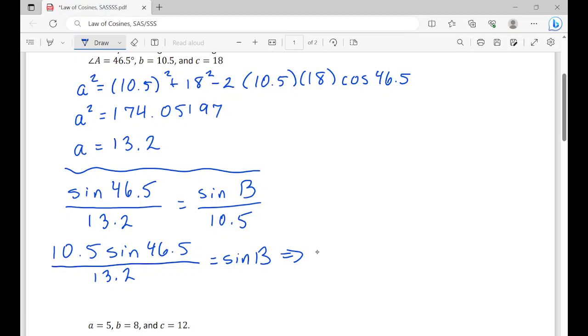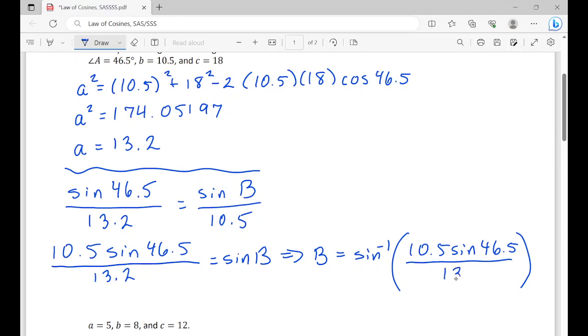So when I do that, I'm going to get B equals arc sine of 10.5 sine 46.5 over 13.2, and that means I'm going to get B equals 35.2 degrees.